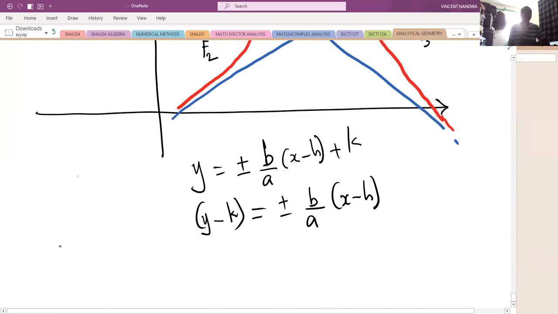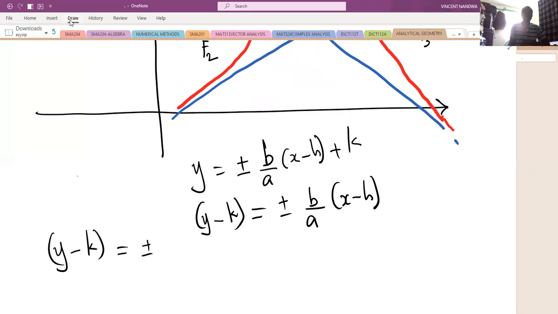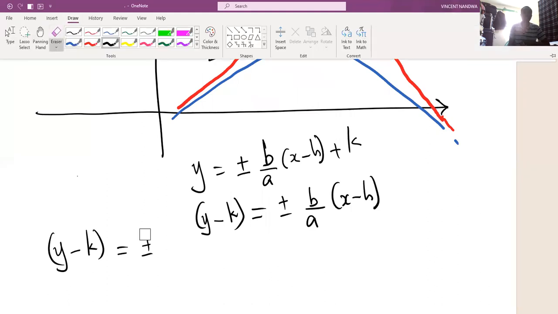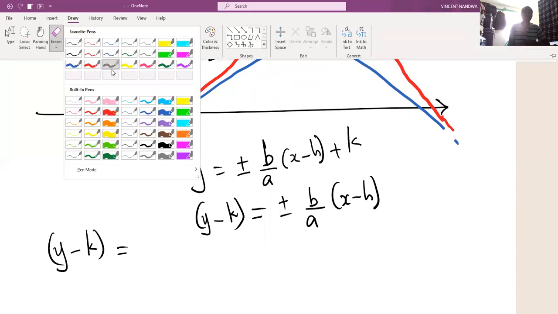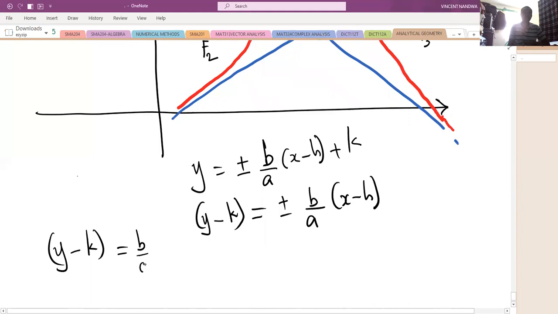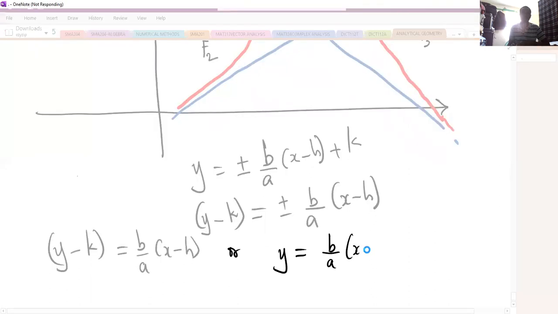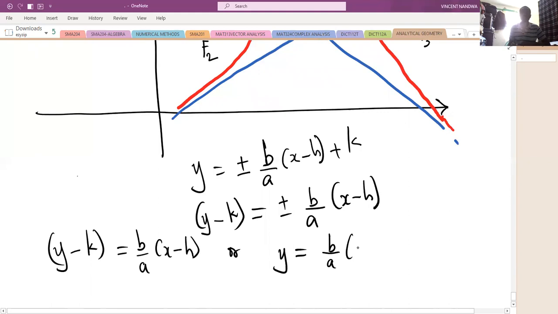So from which you have now two of them. So one, Y minus K equals plus or minus. Okay, it's just now positive one. Let's write it independent of the negative one. So B over A, X minus H, or saying Y equals B over A into X minus H. And then when you take minus K to the right hand side, it becomes positive.